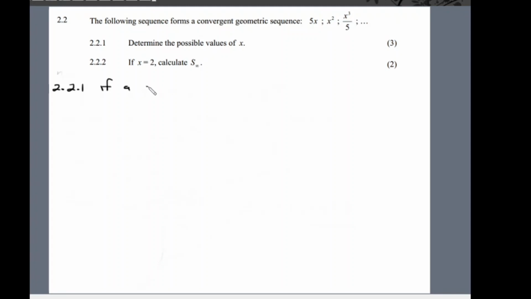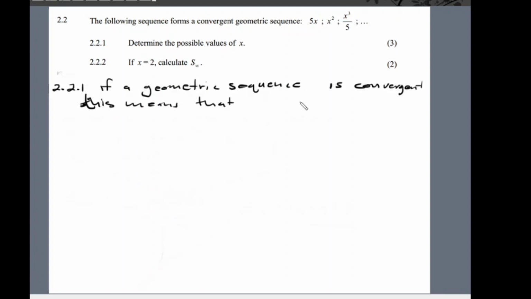If a geometric sequence is convergent, therefore this means that r is between minus 1 and 1.